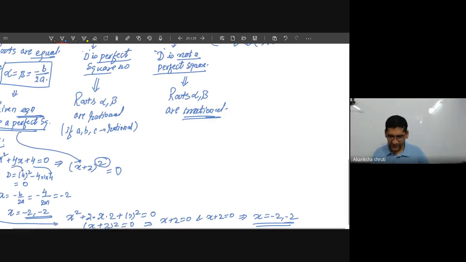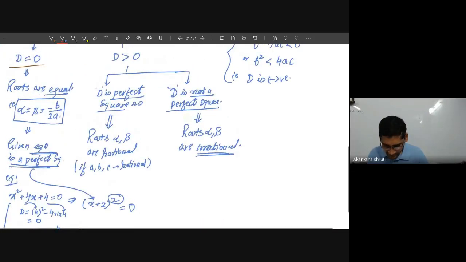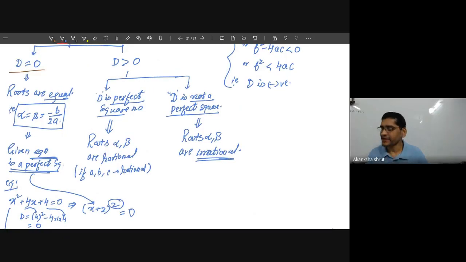Sometimes it is stated in an indirect way: what is the condition for which the equation becomes a perfect square? That also means the same thing. So this perfect square word is very important. Whether the equation is a perfect square or the roots are equal, they mean the same thing.